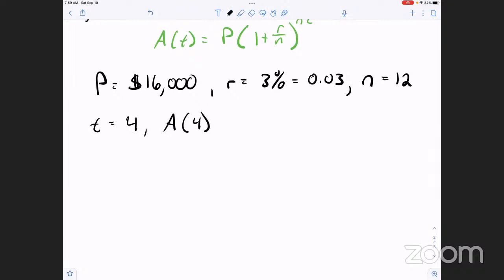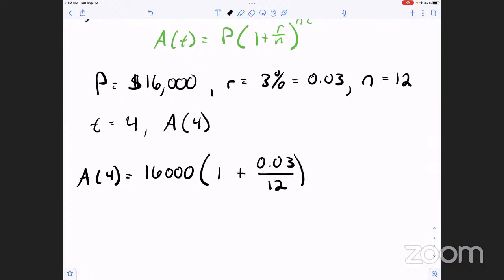A of 4, the amount after 4 years, is going to be 16,000 times 1 plus the rate as a decimal, 0.03, divided by the compoundings, 12, to the power of n, which is 12 times the number of years, which is 4.